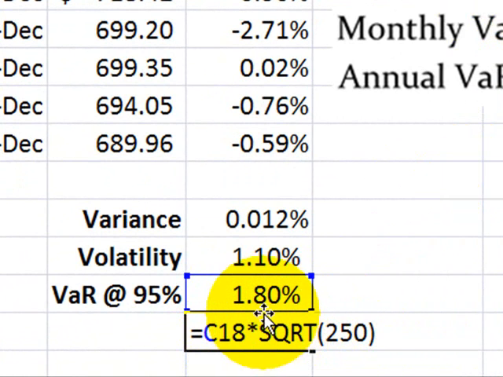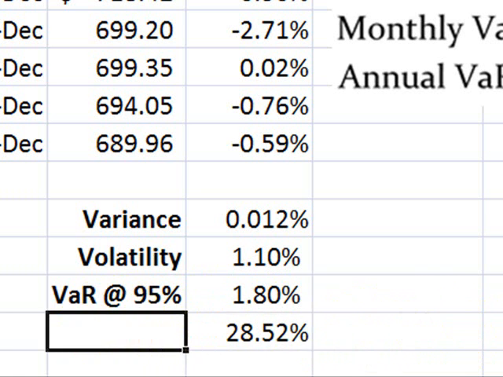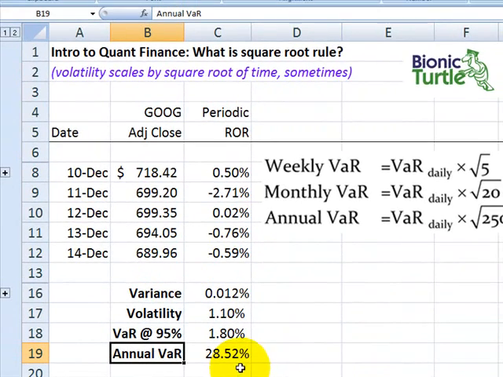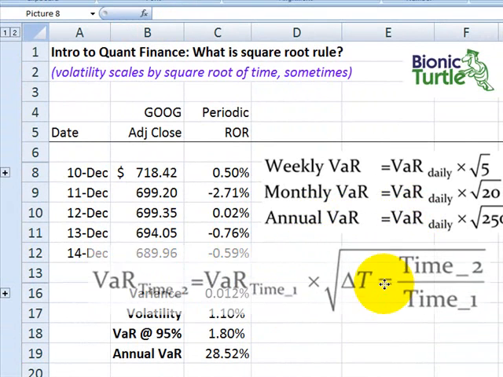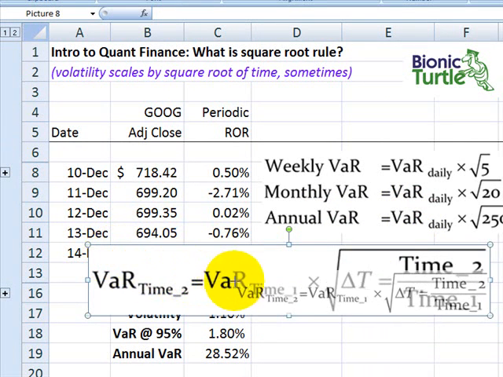I simply multiplied the daily VaR by the square root of the number of trading days in a year. There's the formula. I hit enter, and what I've got is an annual VaR of 28.5%.